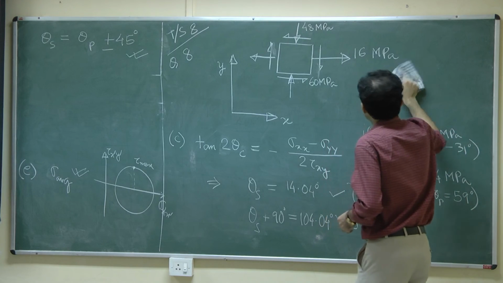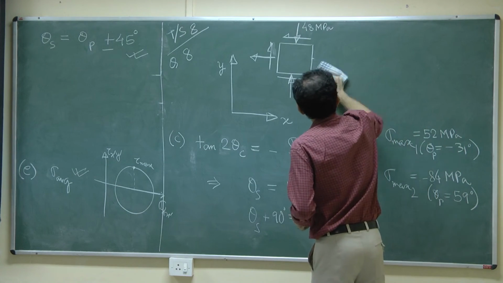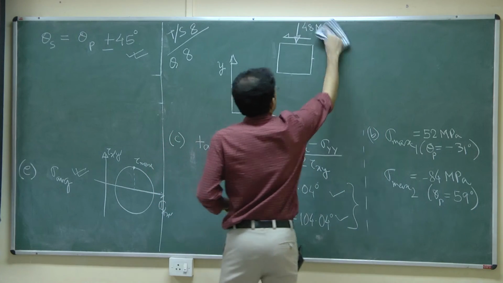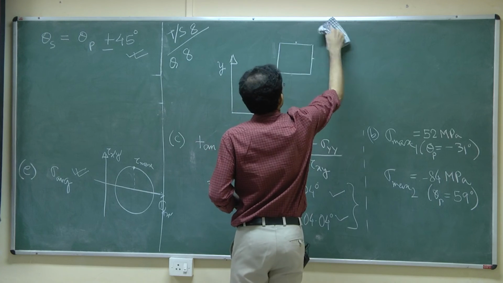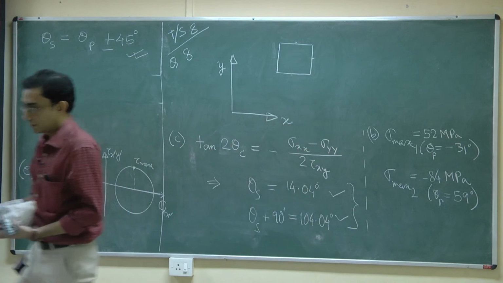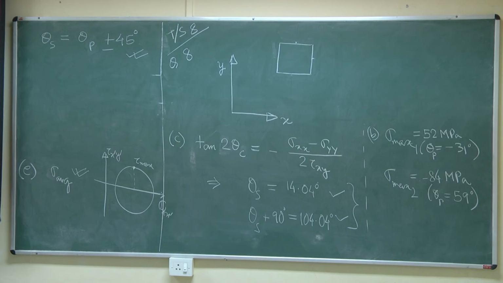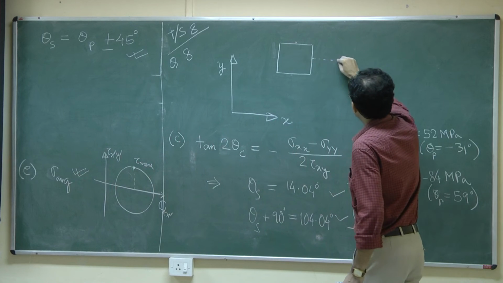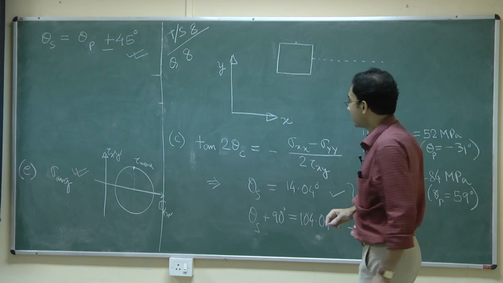if I just delete all this to remove the clutter, you understand that this is parallel to the x axis.